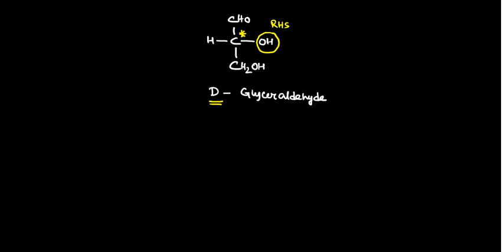Similarly, what about the L-glyceraldehyde then? For L-glyceraldehyde we will have this OH group, that means the one linked through O directly to the carbon atom, on the left hand side. Okay, that's why it is known as L-glyceraldehyde.